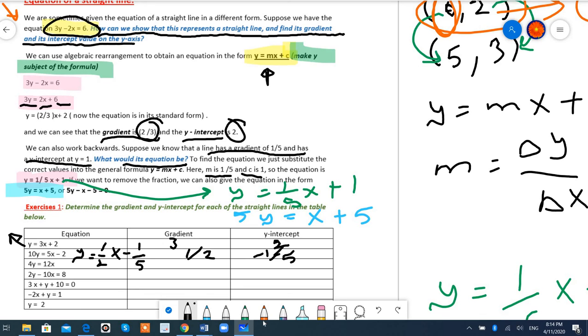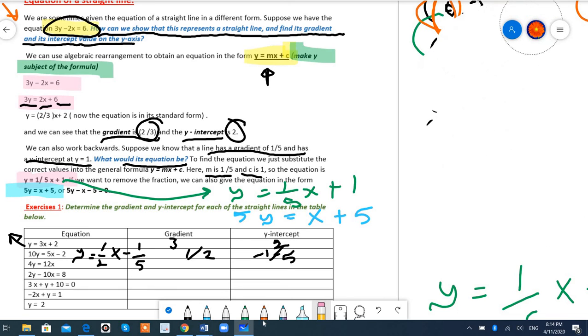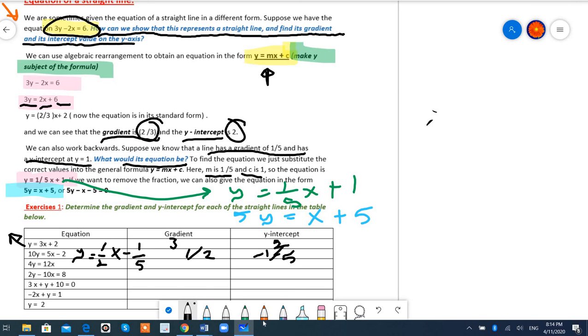Okay? Concerning the equation in the third part, the third equation is 4y equals 12x. Again, ask yourself, is y the subject of the formula?